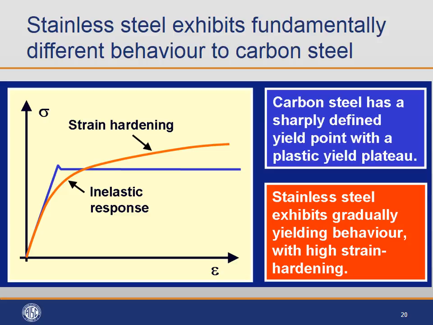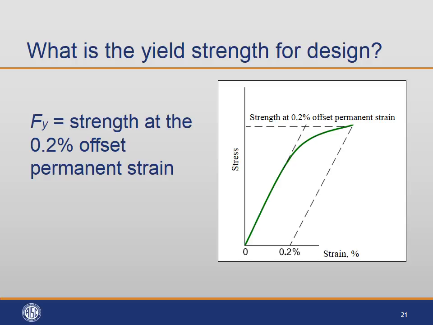Stainless steel, however, exhibits gradual yielding with high strain hardening. So you can imagine the first challenge is really, what is the yield strength that you use for design?